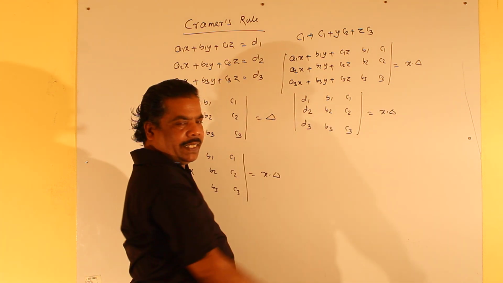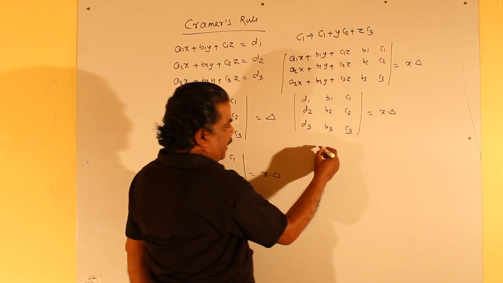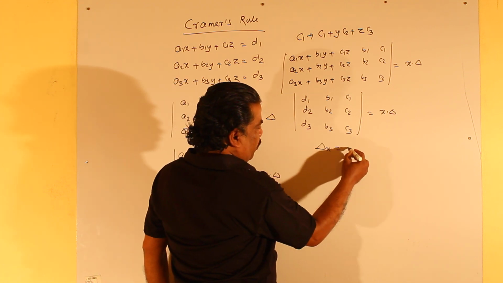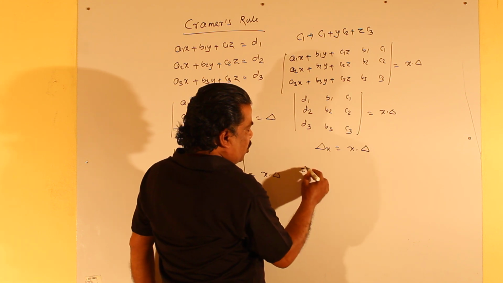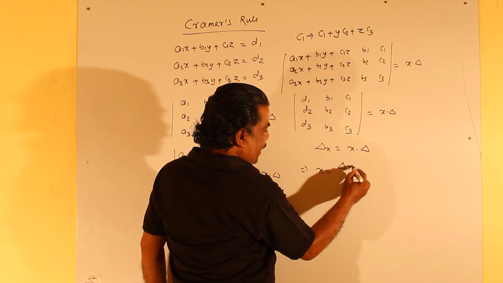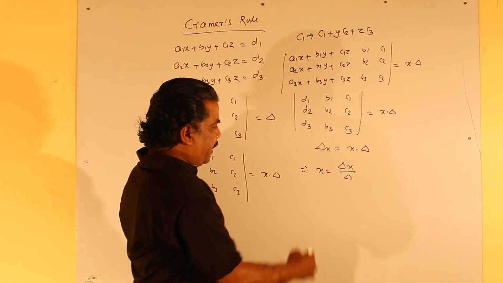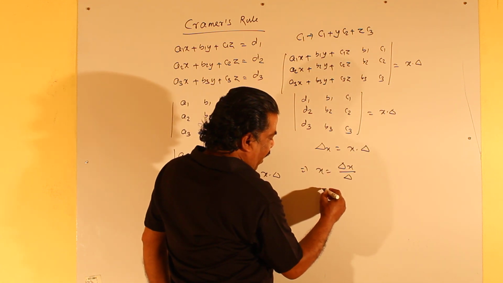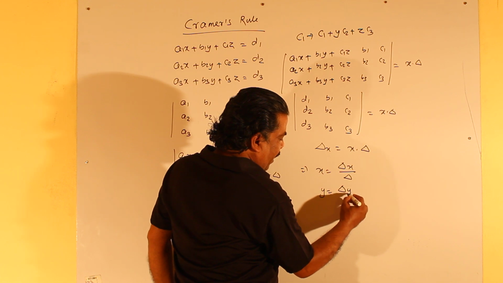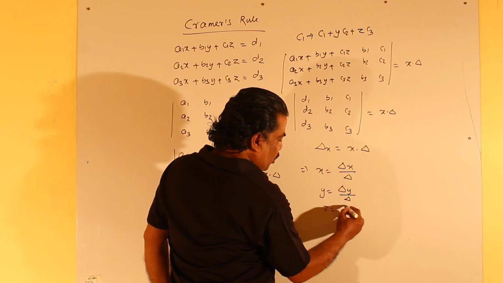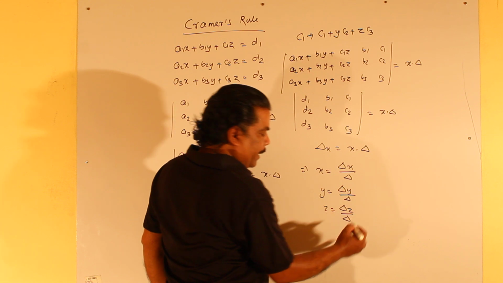So we represent this determinant as delta x, which is equal to x into delta. So x is equal to delta x by delta. Similarly, y is equal to delta y by delta and z is equal to delta z by delta.